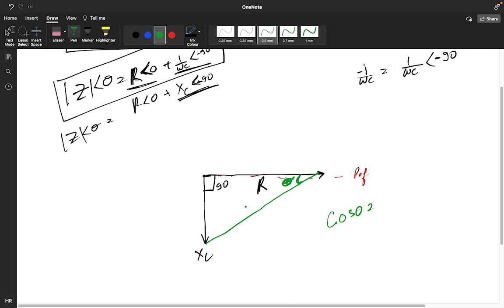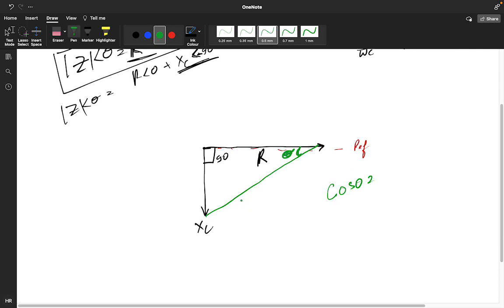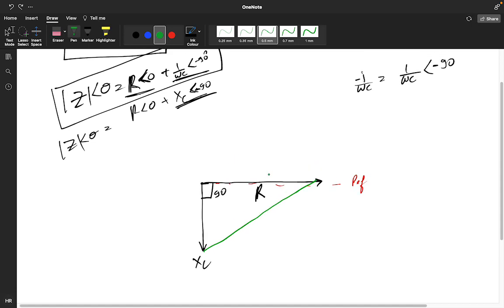Cos theta is base by hypotenuse. This is your R, and theta will be here only. So what will be the cos theta value? Base by hypotenuse. So, what is base? This particular side is base because theta is this.